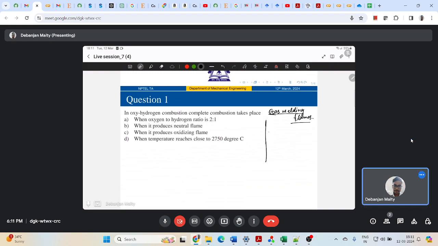We have the neutral flame, we have the oxidizing flame, and we have the reducing flame or carbonizing flame, right? So these are my three different flames in oxyacetylene gas welding.